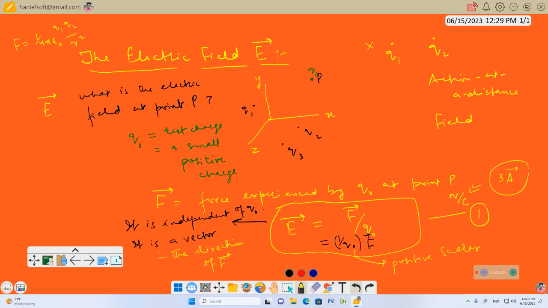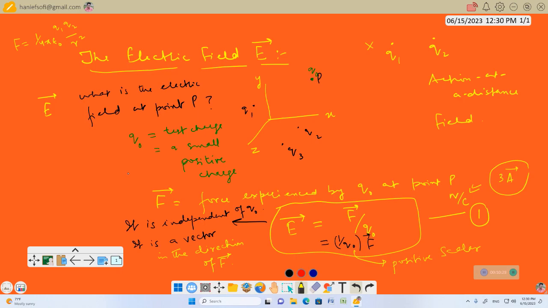Now, another thing which you need to remember is when I take the test charge to point P, it can affect the distribution of source charges. So, first understand it. If you change the distribution of the source charge, electric field at point P will change.